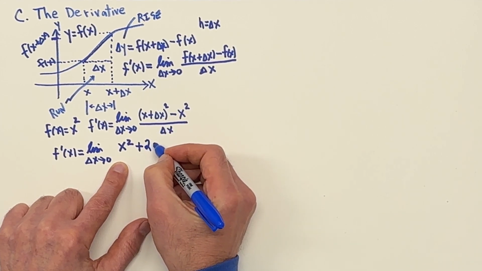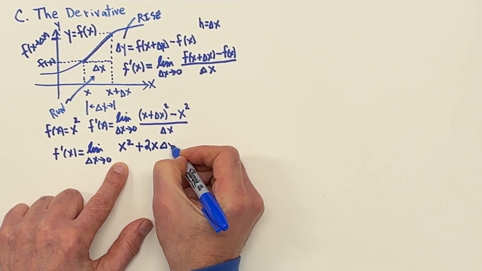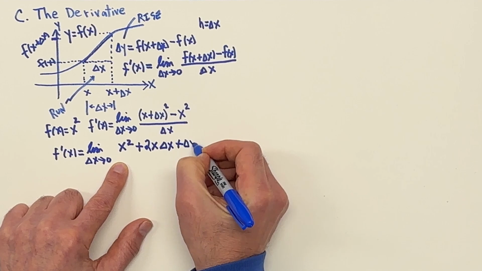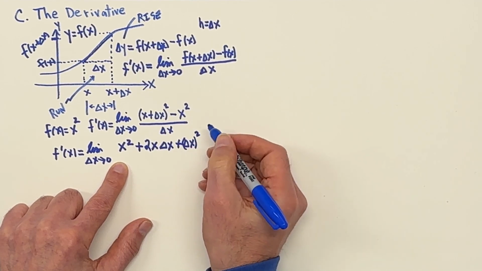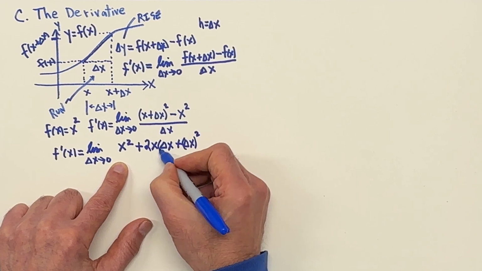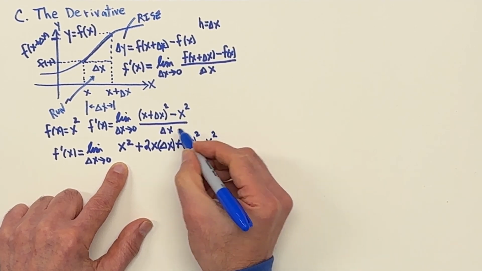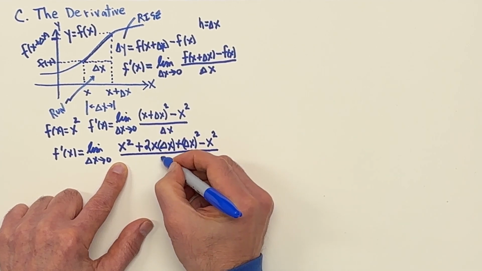The cross term is 2x times delta x, and then the last one squared, plus delta x squared. I'm going to put that in parentheses just to emphasize they go together. And then subtract x squared, and then we divide by delta x.